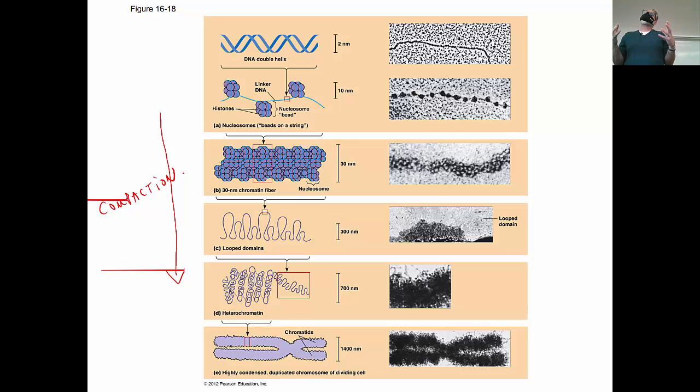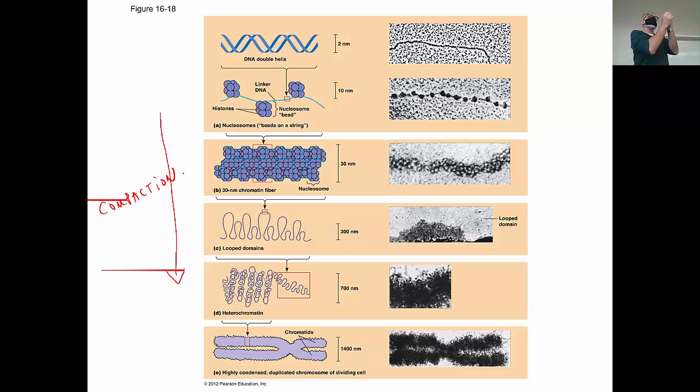Not only because it then fits into the nucleus, but this poses a problem for the DNA. And the problem is that if we want to replicate the DNA, or we want to transcribe it, remember when we talked about gene expression, and we have to have all those factors coming in and binding to the promoter, right?